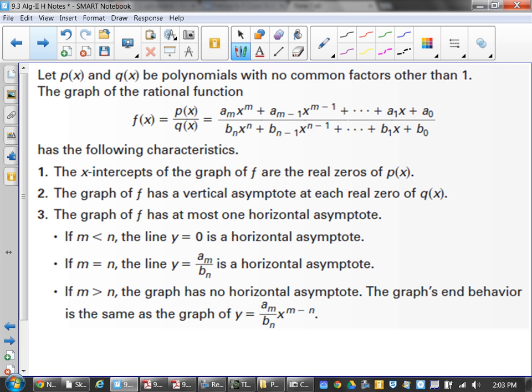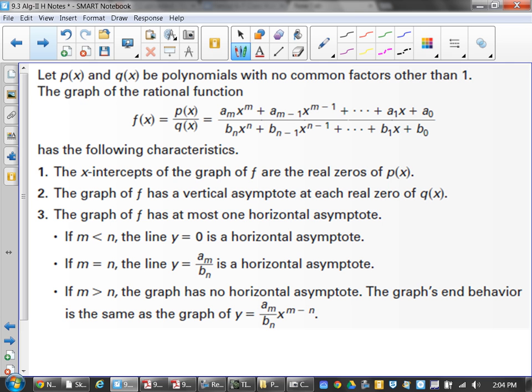Now, the book tends to be a little overcomplicated on some things. Go figure, it's a math textbook. What I want to do is reword this in easier terms, in ways that'll make a little bit more sense.